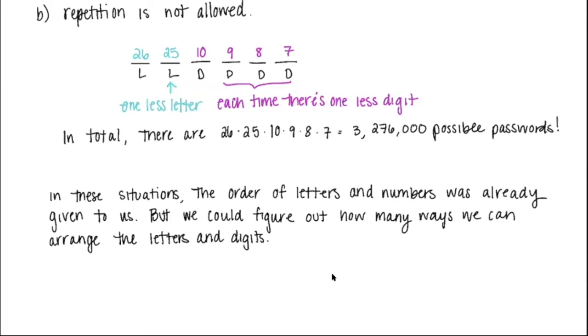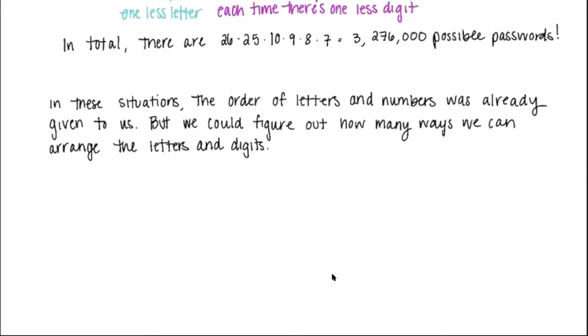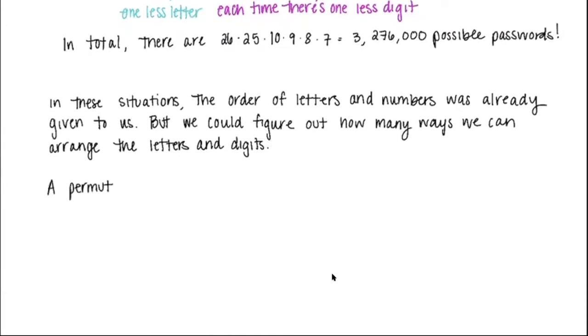And this is exactly what a permutation is. So a permutation is any ordered arrangement of a given set of objects.